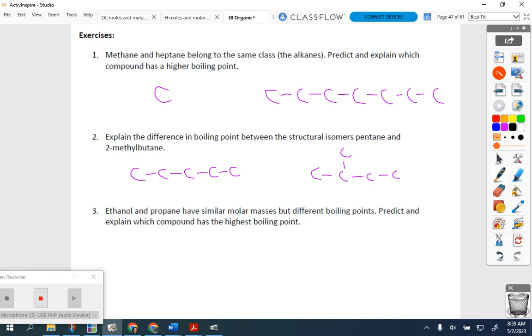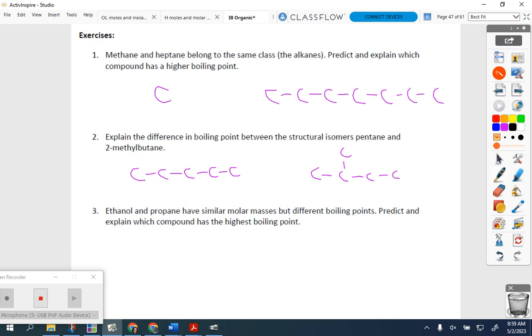Now, if we had the difference between like an ethane, 2 carbons, versus the branched butane here, obviously that would throw another kink into the mix. They're not going to ask you to distinguish between the 2-methylbutane and the heptane because they're different in multiple ways.